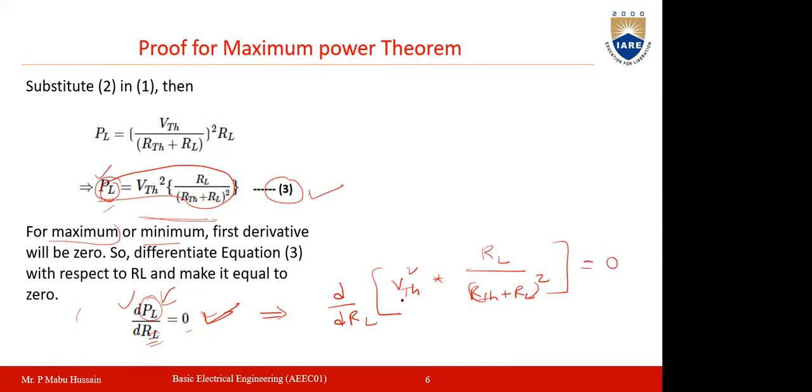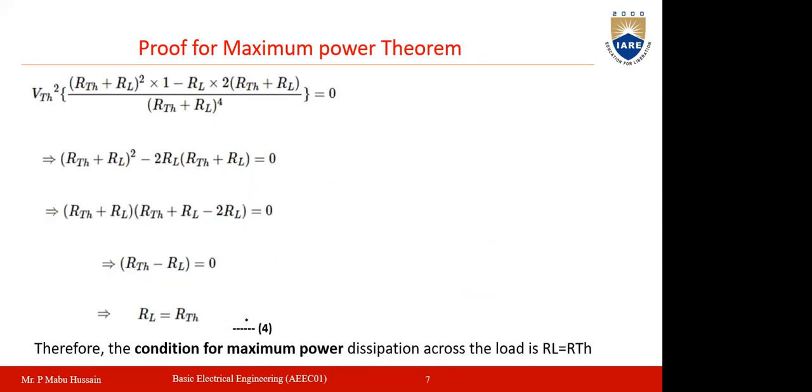Now here you have two terms. You know d by dx of two terms, f of x and f of y, so that you have to apply here. Then you will get this equation: V Thevenin square is equal to R Thevenin plus RL whole square into 1 minus RL into 2 into R Thevenin plus RL, by R Thevenin plus RL whole power 4.